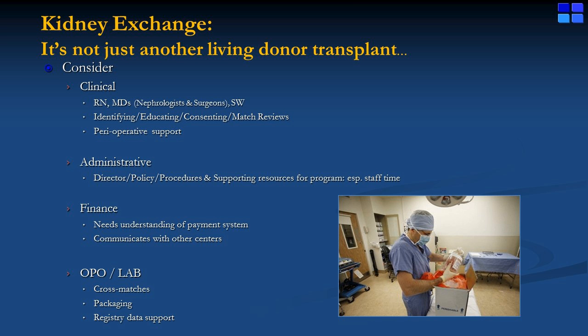I'm sure for many of you who have worked in kidney exchange, you realize it's not just another living donor transplant. Sometimes I get calls from another center's coordinator wanting to start KPD, and when I talk to her about the aspects of it, I reiterate that it's clinical, it's administrative, it's finance, as we just heard some very detailed information from Andrea, and of course you need your lab and OPO support.